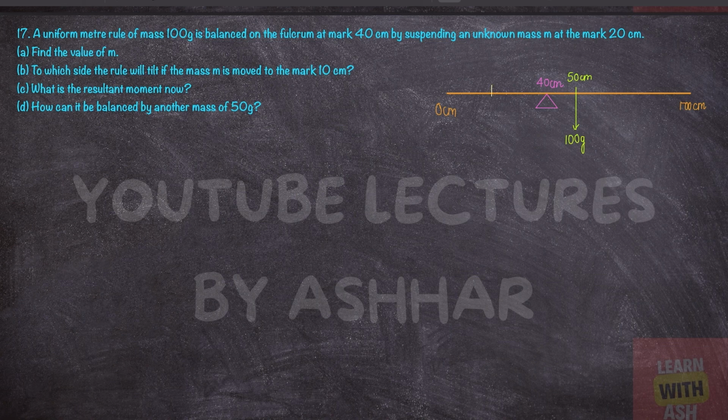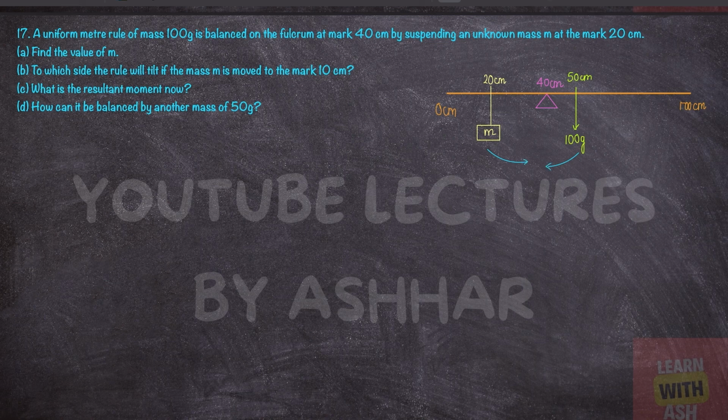That means over here somewhat. So I can say this is a mass small m at 20 centimeter mark. So now how to solve this particular question? I can simply say that the two kinds of motion over here are this and this.